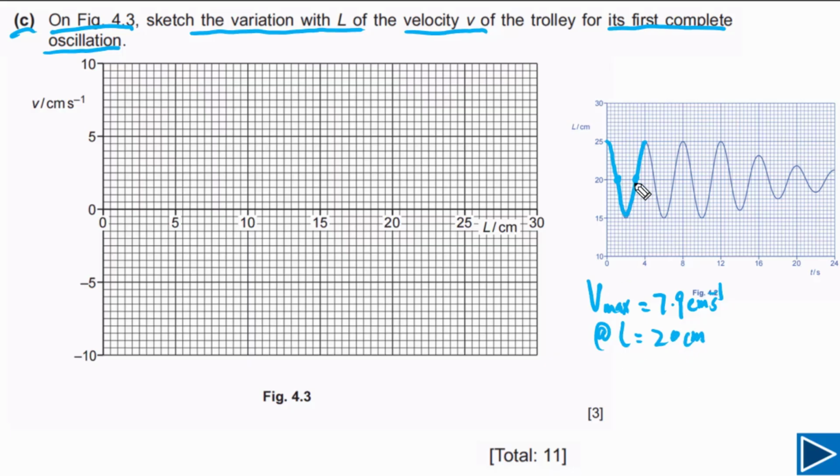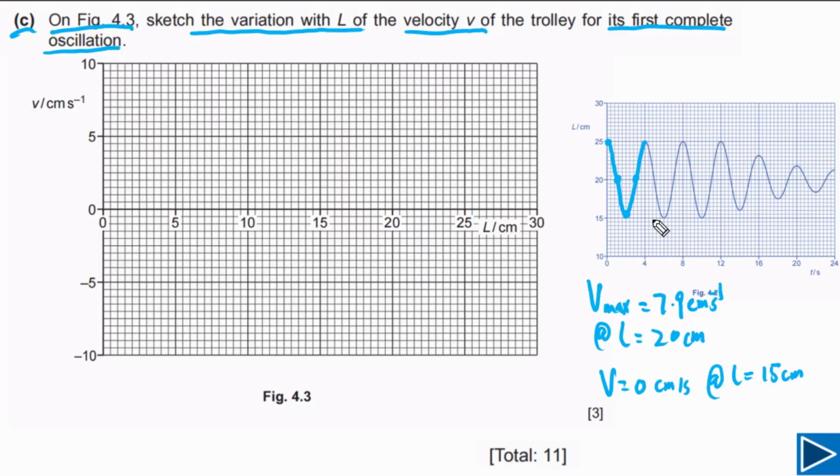We can also see from here that V is equal to 0 when L is equal to 15, so V is equal to 0 centimeters per second at L equal to 15 centimeters, and this is also equal to 0 at this point.